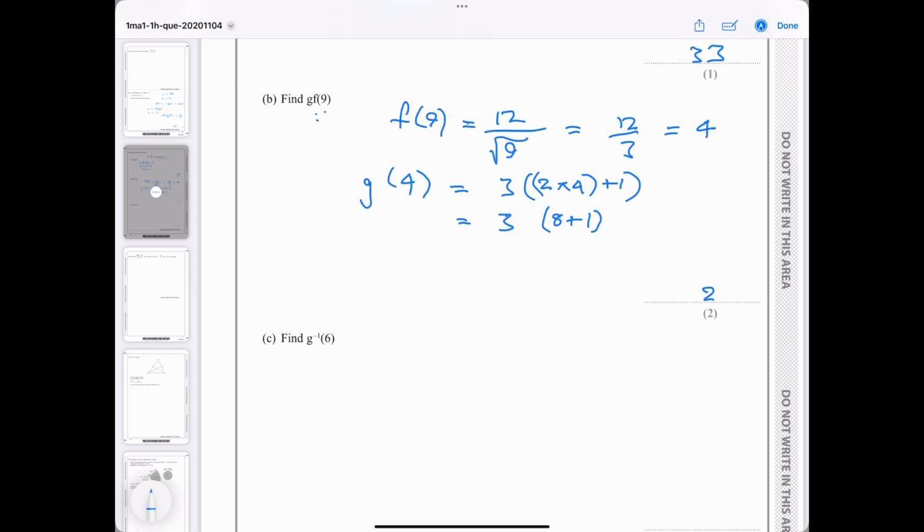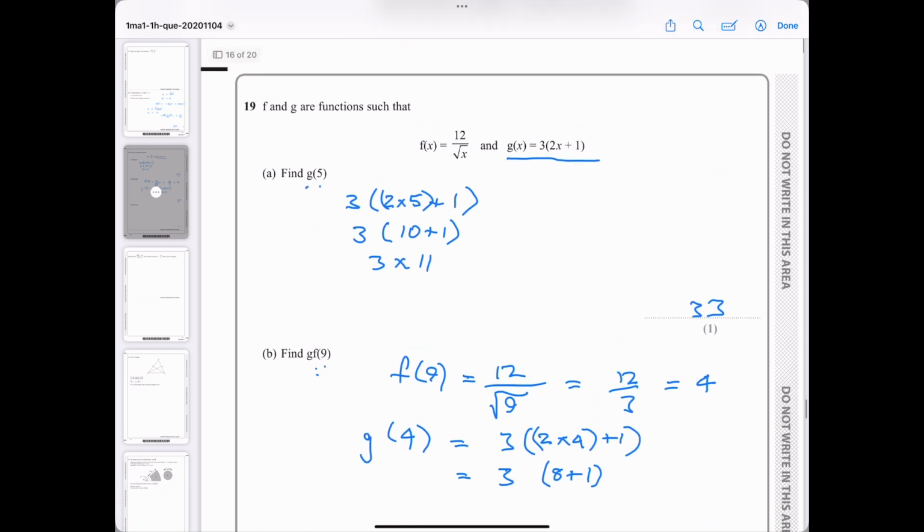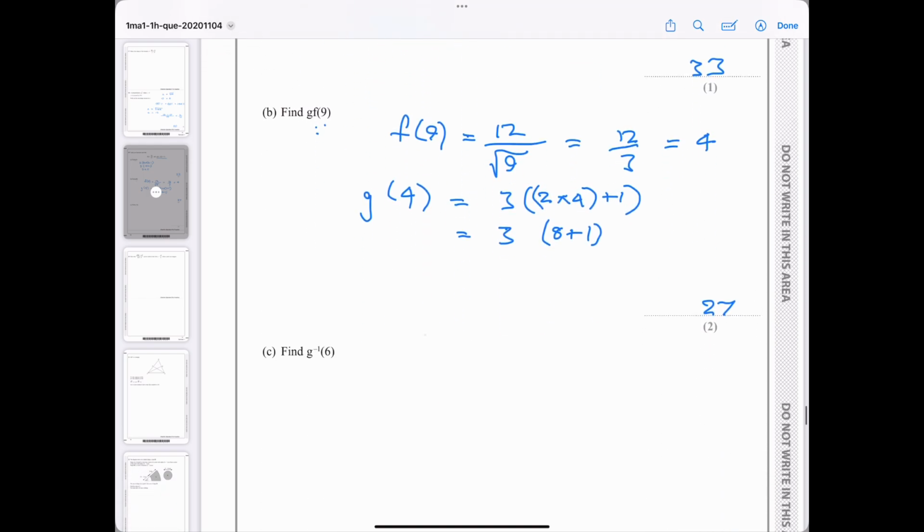And now the final thing is find the inverse of g. So we know that g of x equals 3(2x plus 1). Now we'll make g of x equal y, and then we're going to try and find this so that we get x on its own.